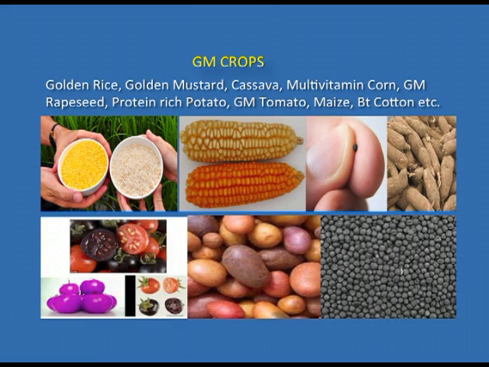Here you can see the pictures of golden rice, which is enriched with vitamin A, multivitamin corn and grey mustard, which is rich in fiber, cassava, which is rich in proteins, colored potatoes, GM modified tomatoes, rapeseed oils with high oil content. Besides that, they can also act as biopharmaceuticals, that is edible vaccines and plant antibodies.